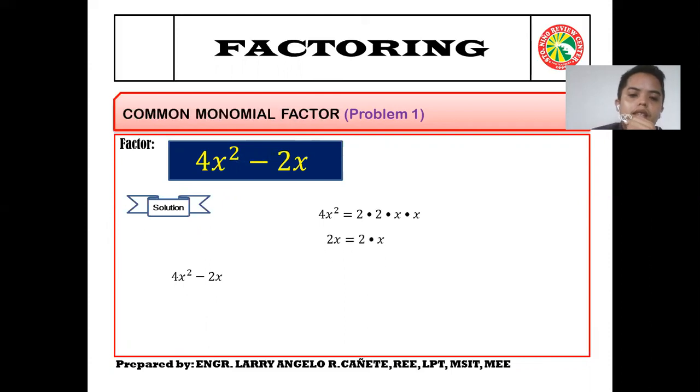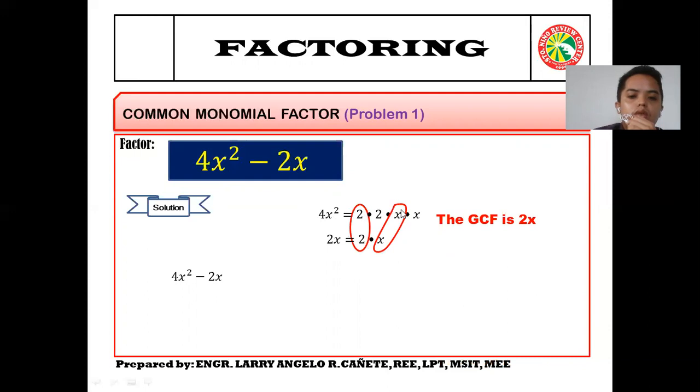For 4x squared and 2x, first is the constant. The GCF of 4 and 2 is 2. And for the variable x, they have only the first degree x in common. So the GCF of each term is 2x.